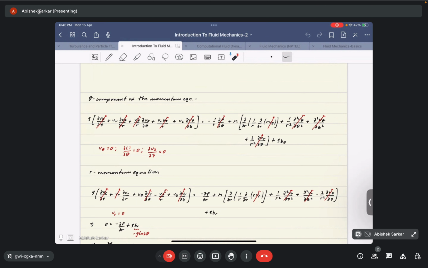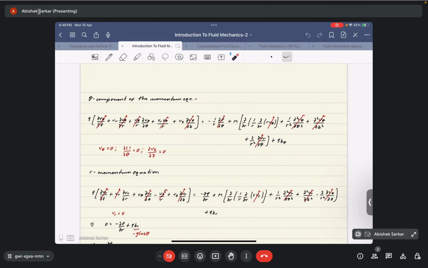Because the number of terms in the equation is very large, it's very difficult to remember each and every term in the governing equation. So it's a general practice by most of the professors who take the fluid mechanics course to allow the students to have a sheet that contains these governing equations.